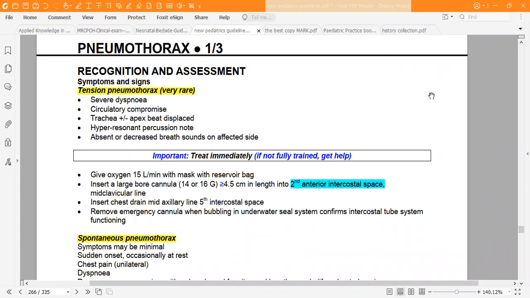First of all, you have to recognize whether it's tension pneumothorax or just a simple spontaneous pneumothorax.